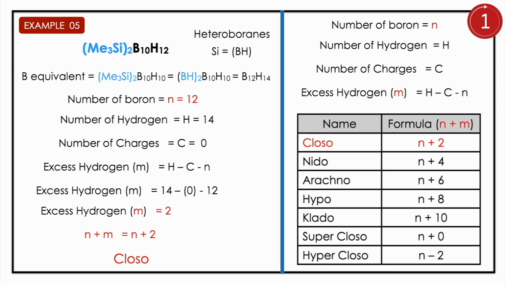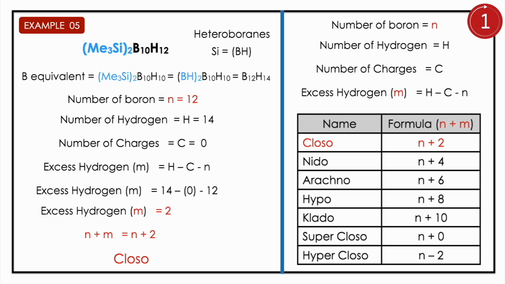So we go by basics now. We should find number of boron, which is N, that is equal to 12. Hydrogens are 14, so H is 14. The charges are 0, so C is 0. To find the structure, you should find excess of hydrogen, which is M, equals H minus C minus N. H is 14, C is 0, N is 12.